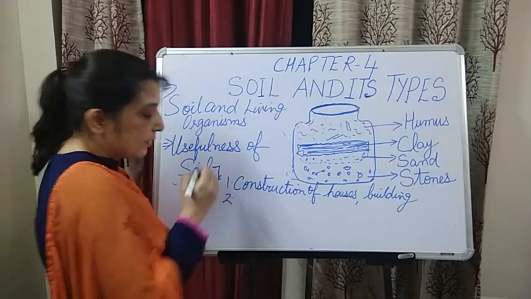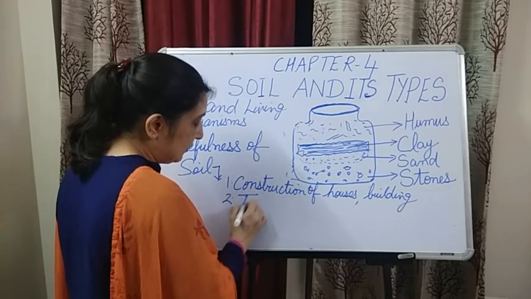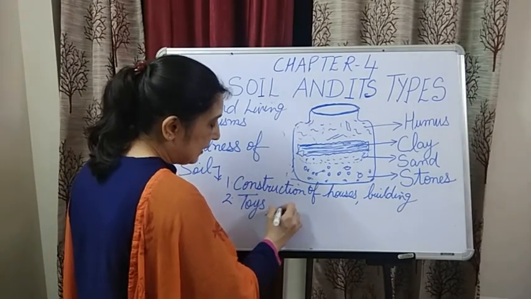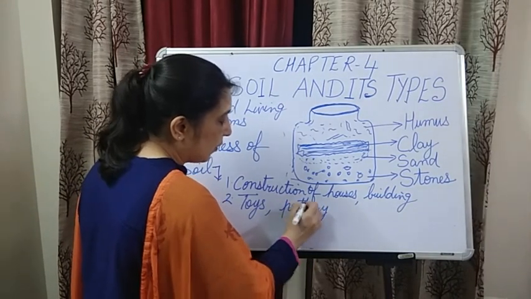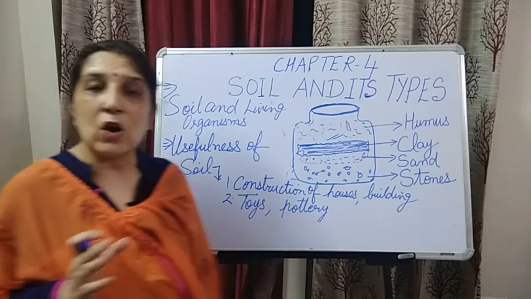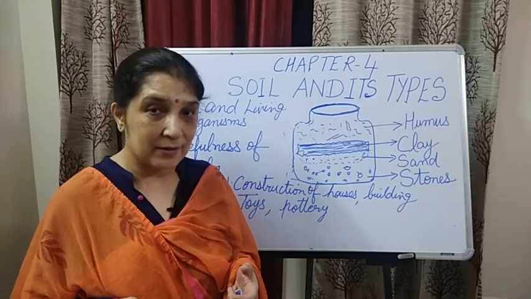And what is the other use? I told you that you made toys also, right? It is used for pottery. Children, what is pottery? Pottery is an art of making pots with the help of clay soil, right?